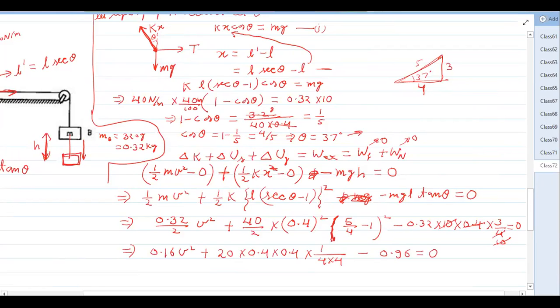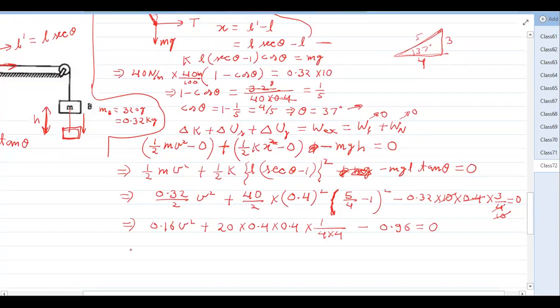One more step we will solve. So 0.16 v square plus 2 by 10, which means 0.2, and then minus 0.96 equal to 0.